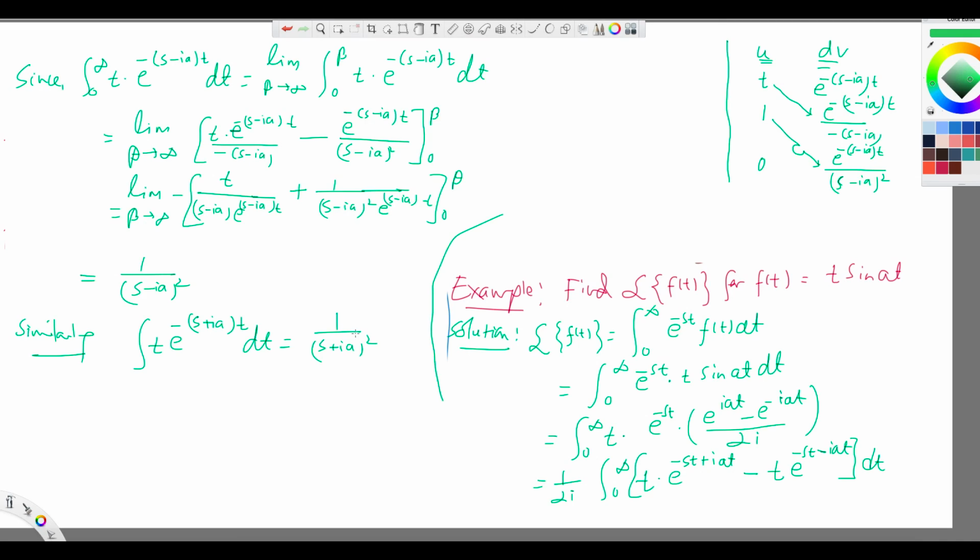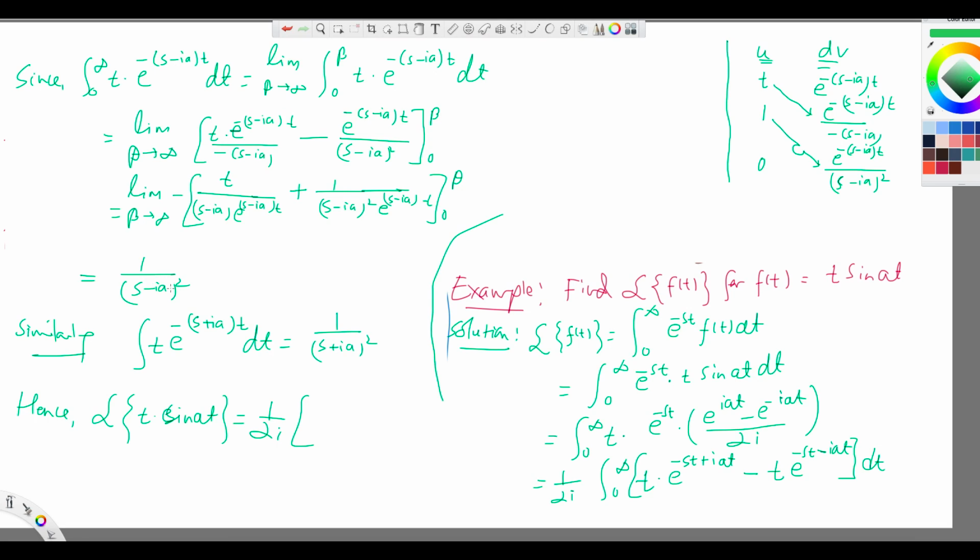Okay, now what you want to do is combine these, because you want to add those two. Hence you write the Laplace transform of t times e to the sine at is equal to 1 over 2i, and then you add the values of this and that one.